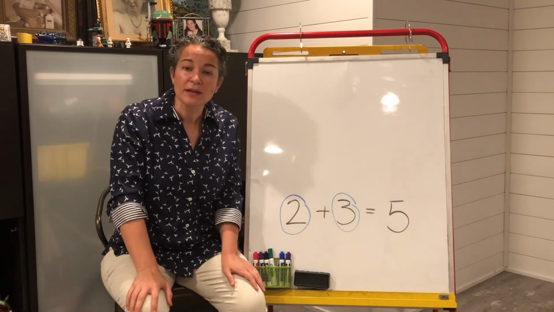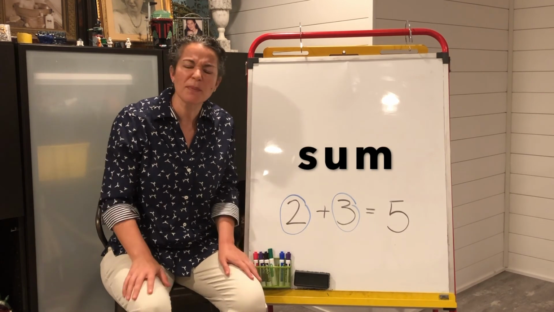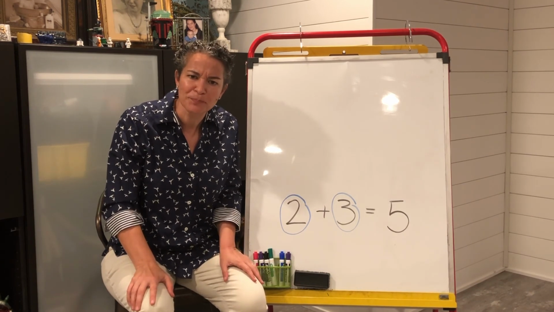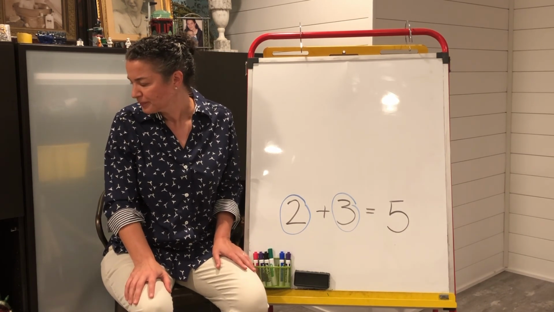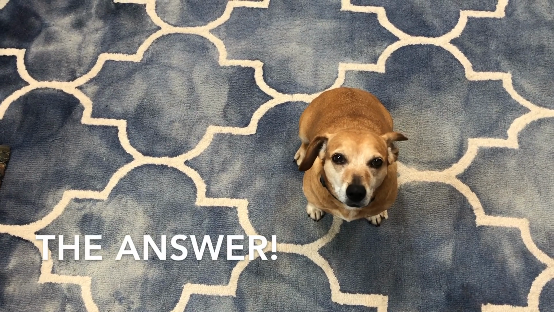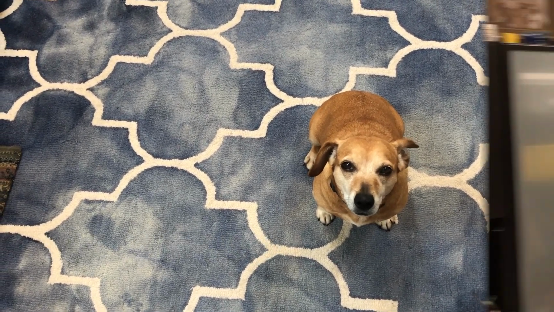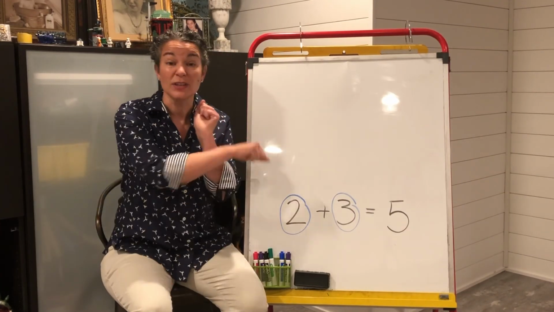All right, my friends, in an addition sentence, which number is the sum? You know what? What's a better question? What number is the sum? Penny, what number is the sum in an addition problem? Penny says the sum is the answer to an addition problem.